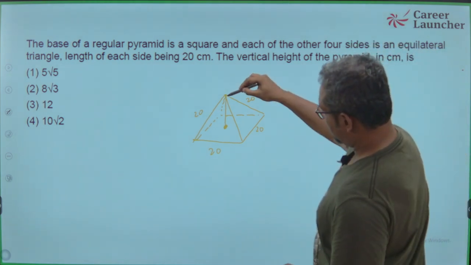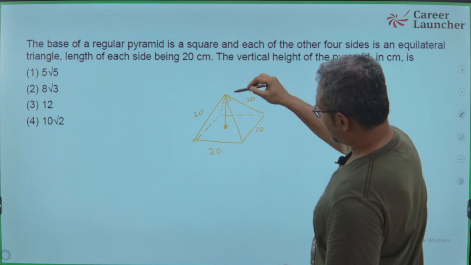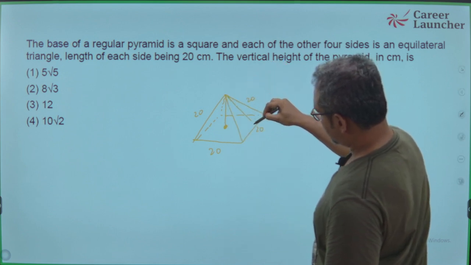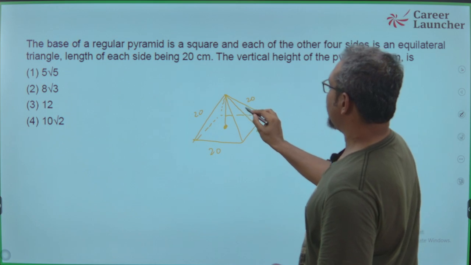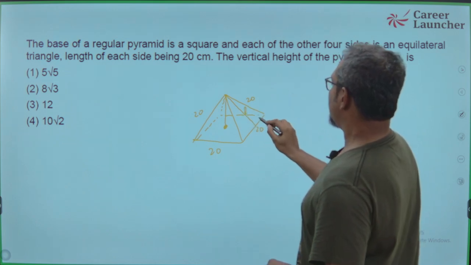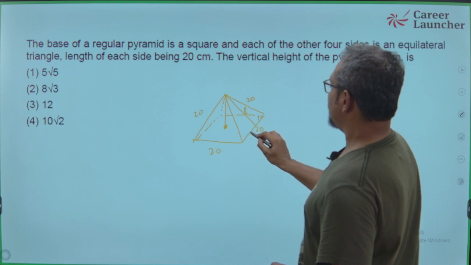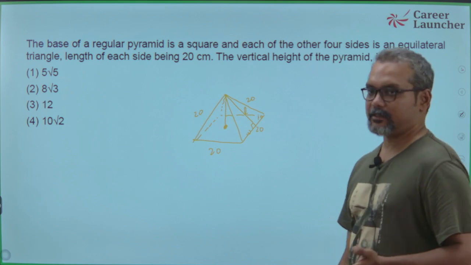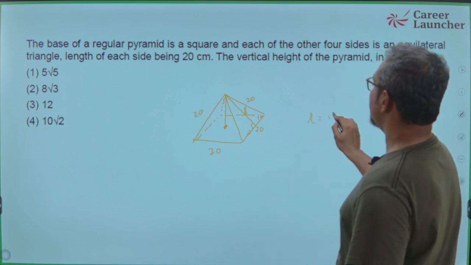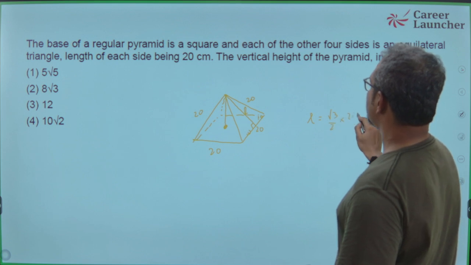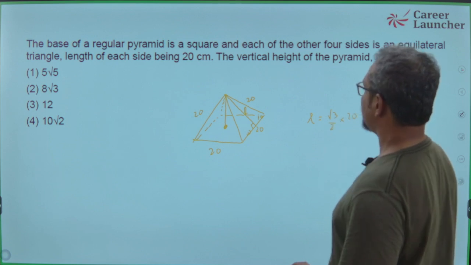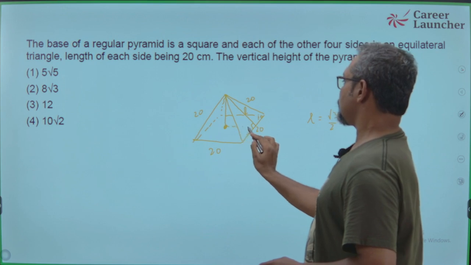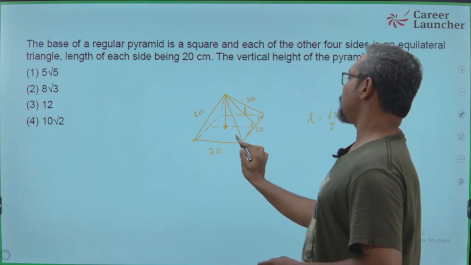So first we will do simply this. Let's call that L like last time. This becomes 10, 10. Now this L is basically the height of that equilateral slanted triangle. So what is the height of an equilateral triangle? Root 3 by 2 times 20, so that's 10 root 3. This is basically the midpoint of the square, so this length will be 10.